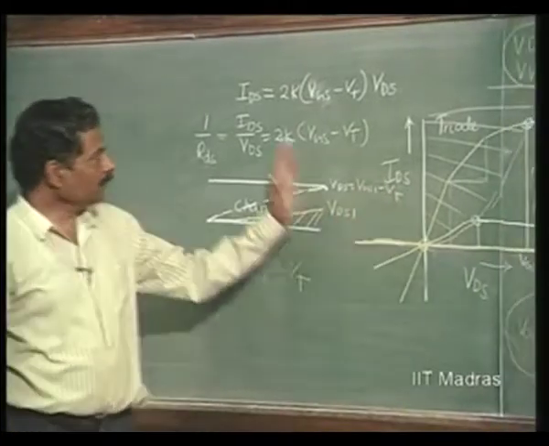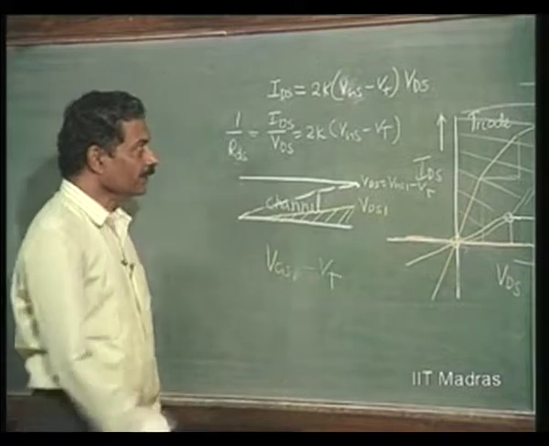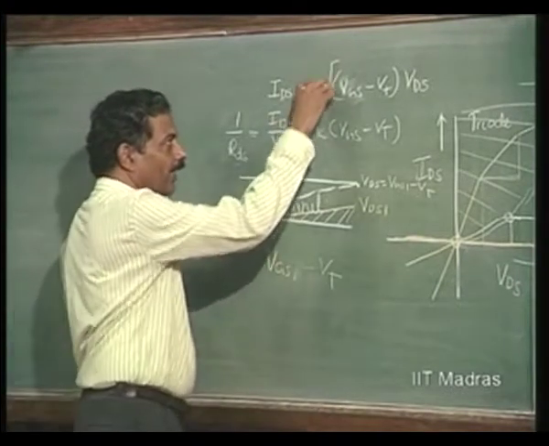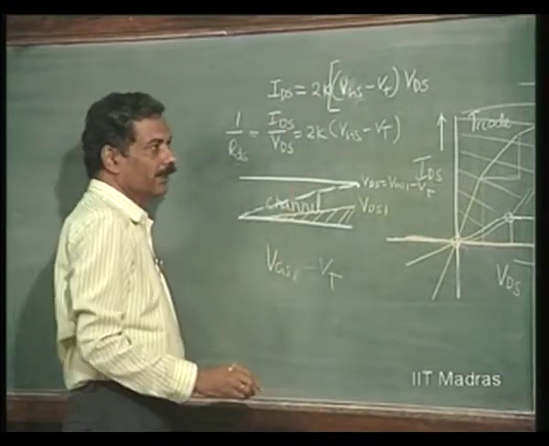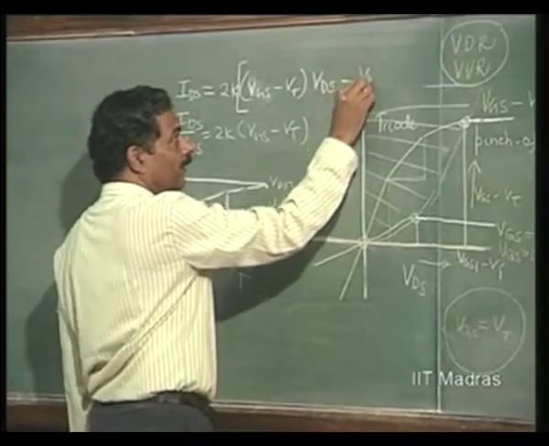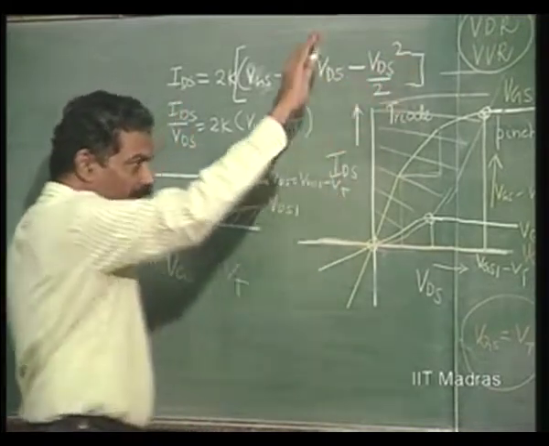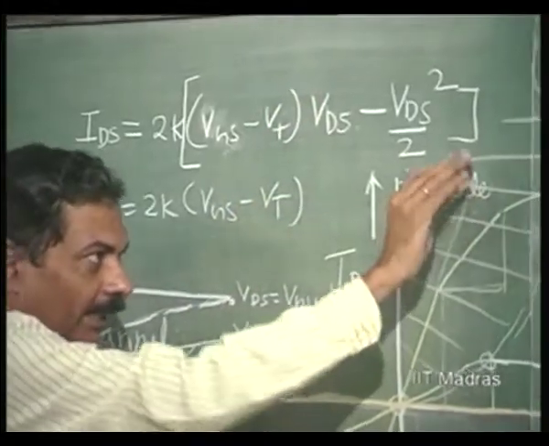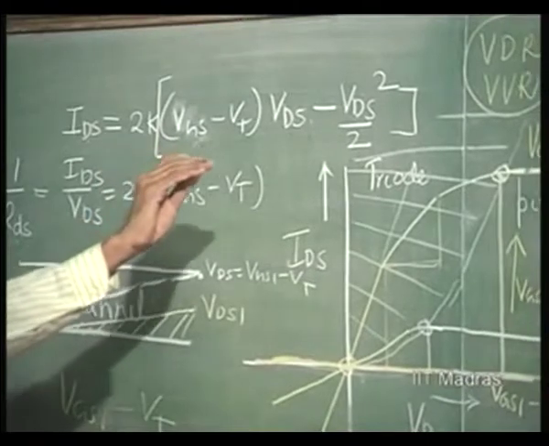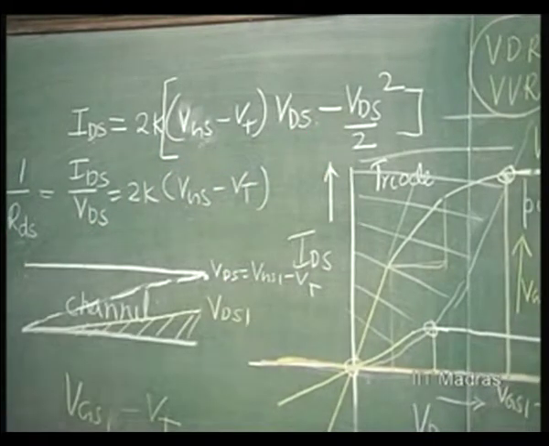Now, this region is perfectly linear, but thereafter we have nonlinearity setting in. What is that nonlinearity? It is called square law nonlinearity. That means some current is going to be reduced, and the reduction is dependent upon the square of VDS.